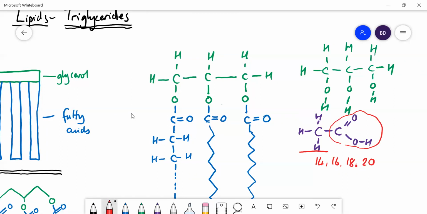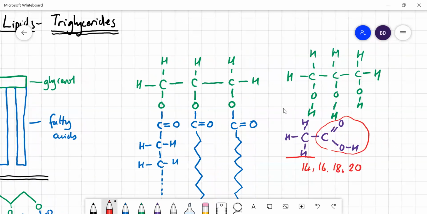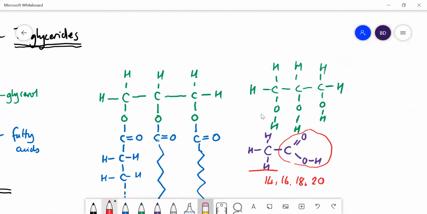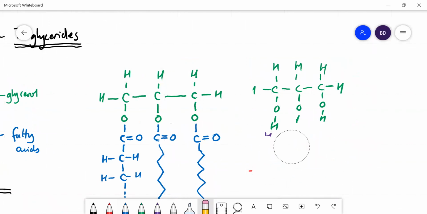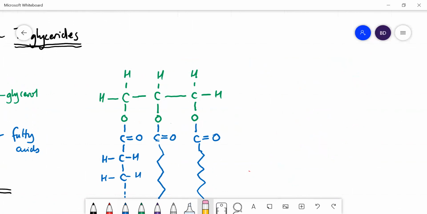Okay, so let's get rid of that bit there and have a look at how the fatty acids and the glycerol are joined together. This might be familiar, but I would be surprised if you can remember it.